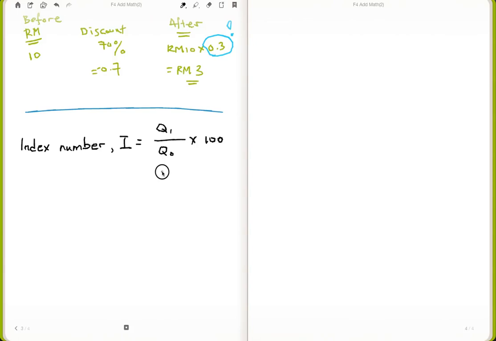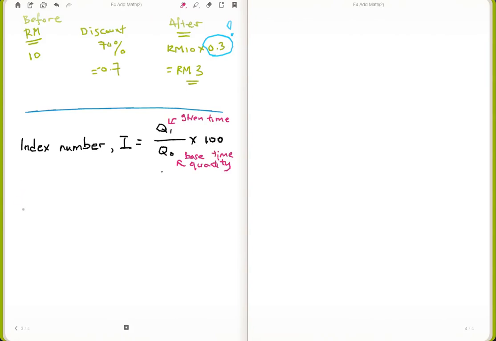That's where you have the base time. So this is the price or the quantity at the base time, base quantity, whereas this is a given time, a specific time. Okay? The new over old.